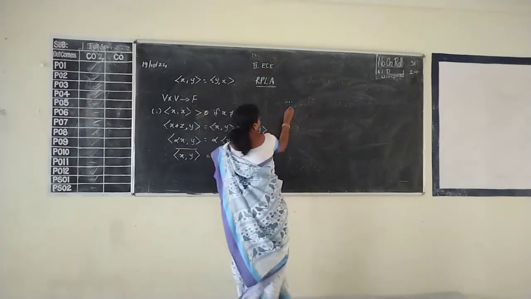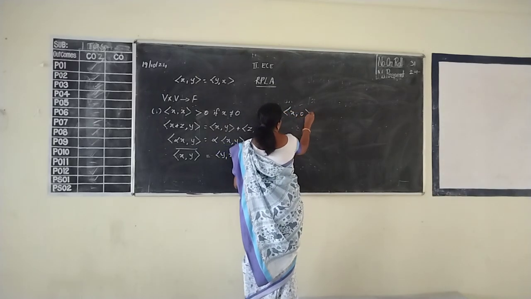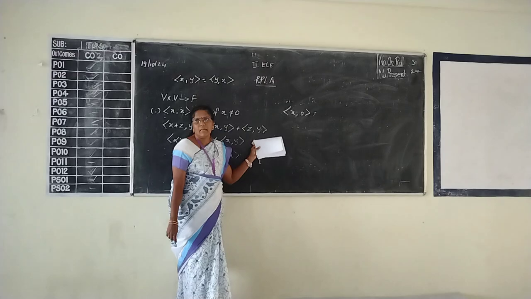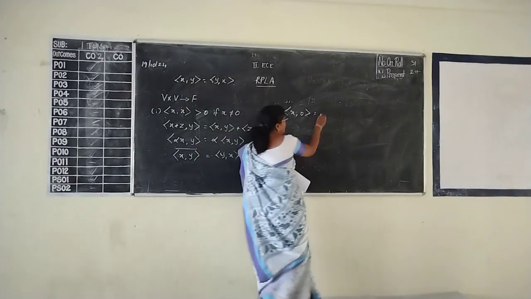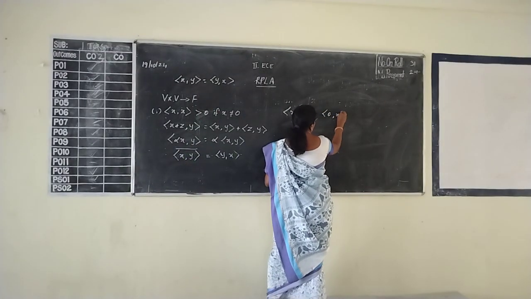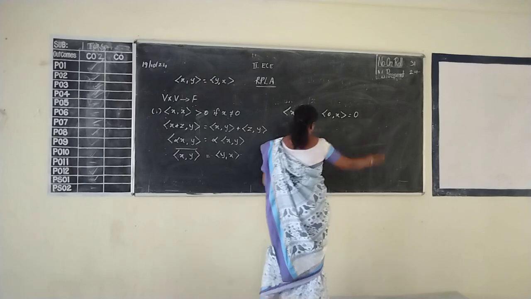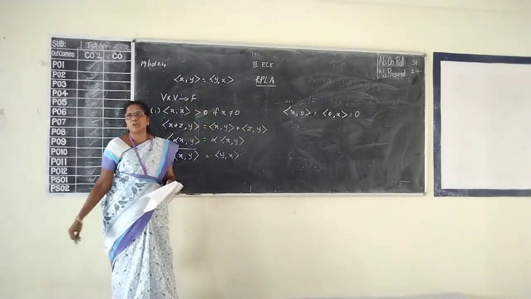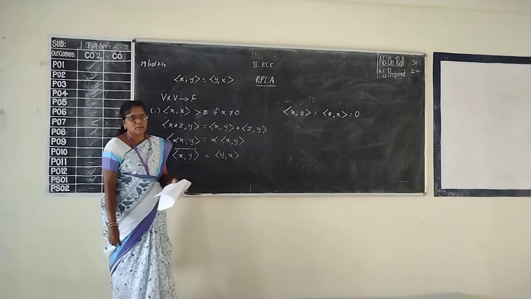First one, inner product of x comma 0 is equal to inner product of 0 comma x is equal to 0.